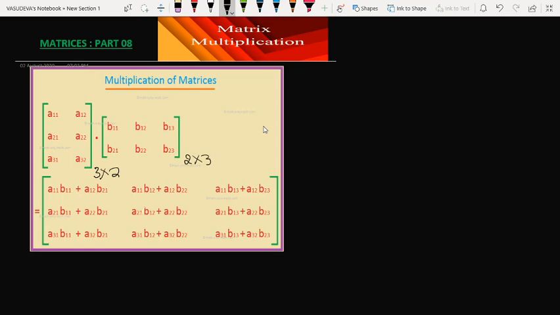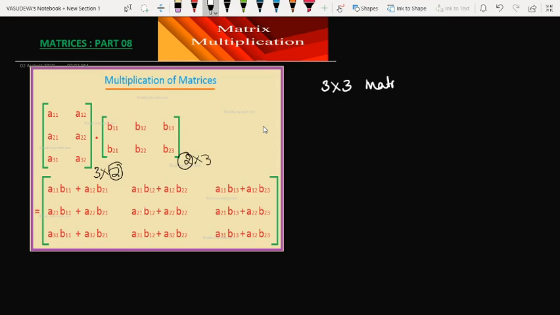So this matrix has a number of columns as 2 and the other has number of rows as 2. So the product of the matrices must be of order 3/3. So this is a 3/3 matrix.